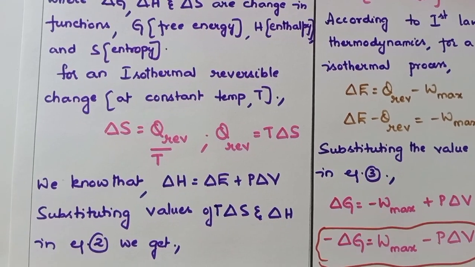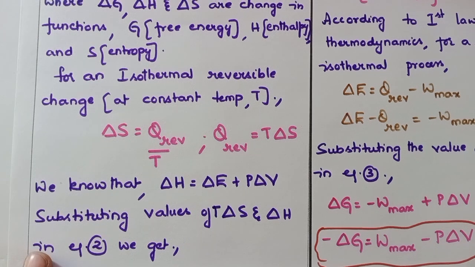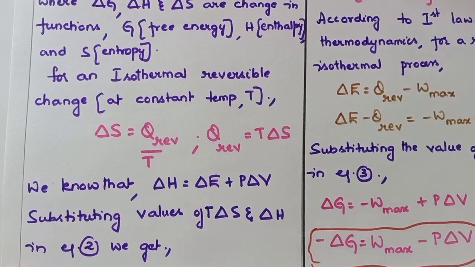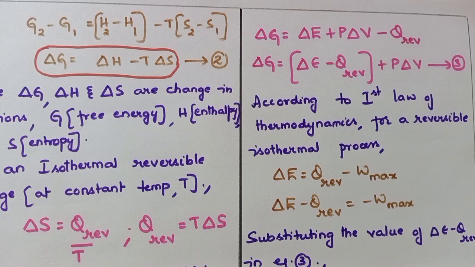So, substituting the values of T delta S and delta H in equation 2, we get delta G is equal to delta E plus P delta V minus Q reversible. Got it? Substitution. How to substitute, you understood?